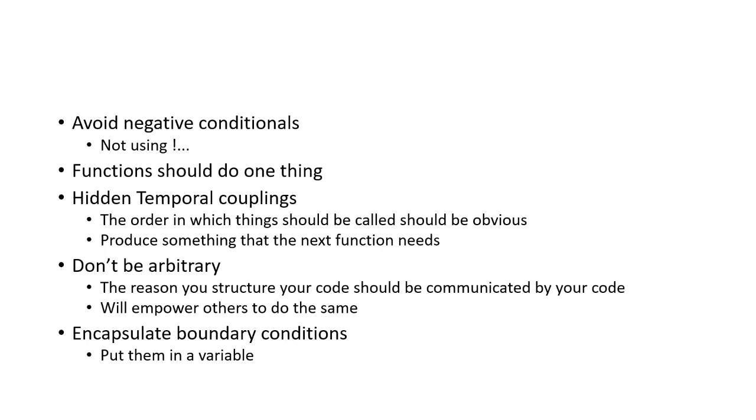Well, encapsulating boundary conditions could be, instead of saying, okay, size plus one, right? Like the size of list plus one, or list.size plus one, you can assign that to a variable and then reference that variable as the boundary condition just to reduce confusion within your code.